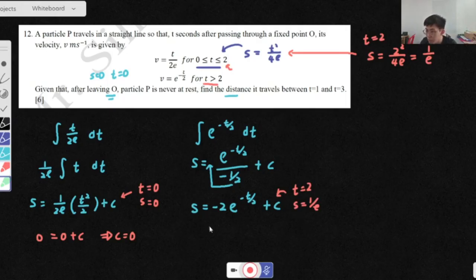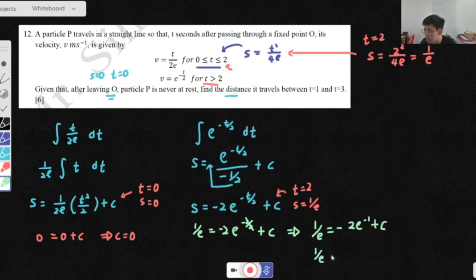So 1 over e equals negative 2e to the negative 2 over 2 plus c. This gives 1 over e equals negative 2e to the negative 1 plus c. Instead of writing 2e to the negative 1, I can write it as a fraction, minus 2 over e plus c.